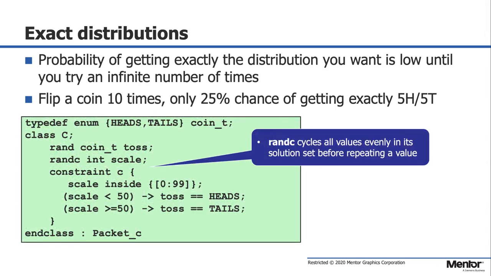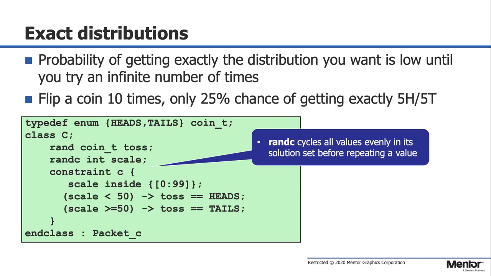So there are a bunch of tricks that you could do to get an exact probability. So assuming you knew that you were going to toss a coin 100 times and you wanted exactly 50 heads and 50 tails, you could do something like what I've shown here.